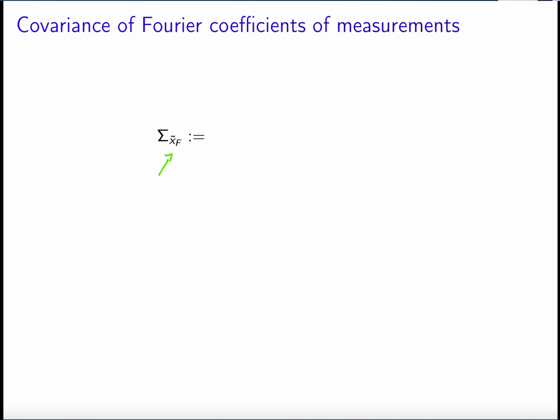Just to be clear, we have defined the Fourier coefficients of x like this, because with our notation we would have put a triangle on top of x, but that looks like too much, very ugly. So that's why I'm using this other notation for the DFT coefficients of x. And now we want to see what the covariance matrix of the DFT coefficients of x is. So by definition, it's equal to that.